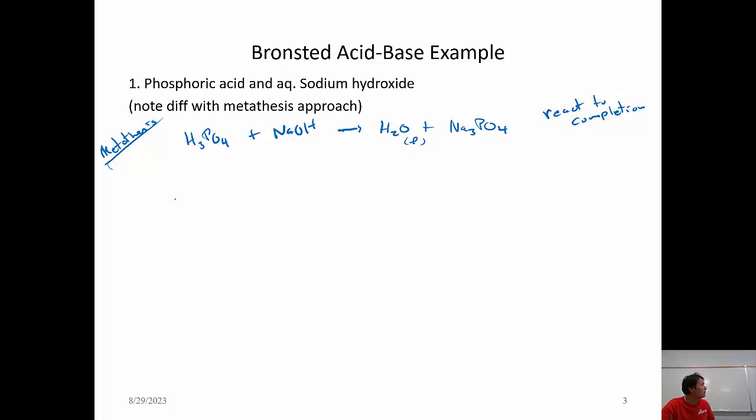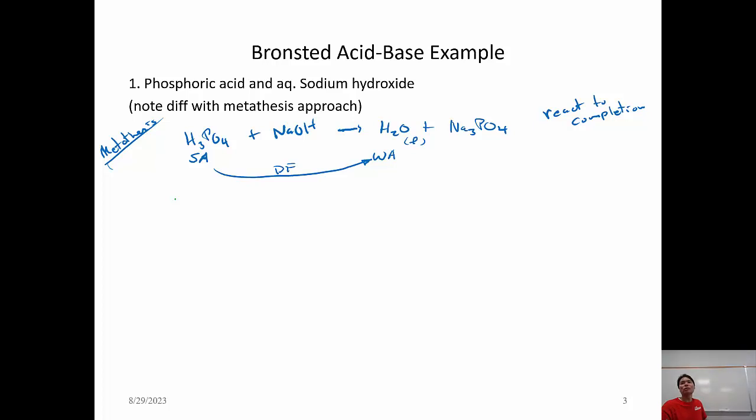Yeah. So we're going from an acid here, phosphoric acid. And what's the acid over here? It's going to be water. So what's the stronger acid, phosphoric acid or water? Phosphoric acid. So we're going from stronger acid to weaker acid. And all we need is one. And so this will be our driving force.